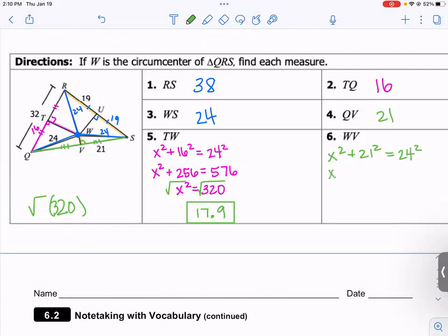Okay, well, we know that 24 squared is 576. 21 squared is 441, and when we subtract 576, okay, please take the square root of 135.